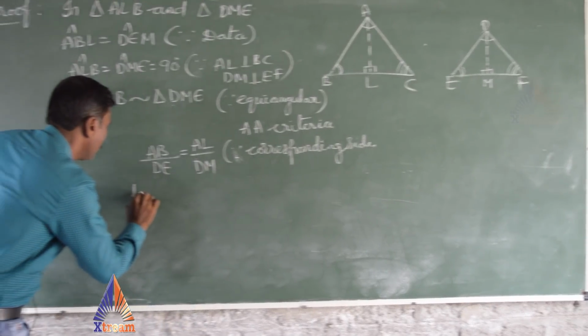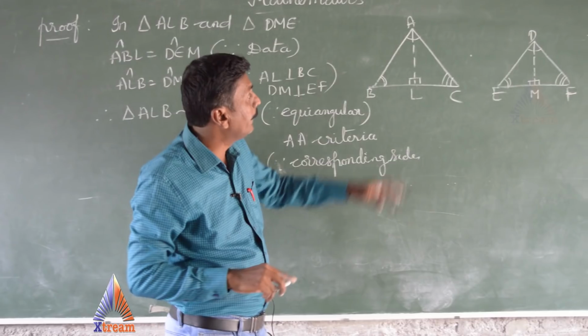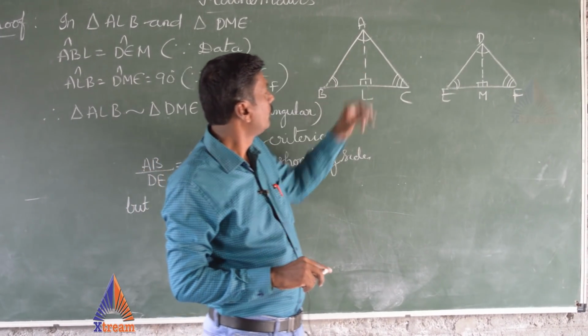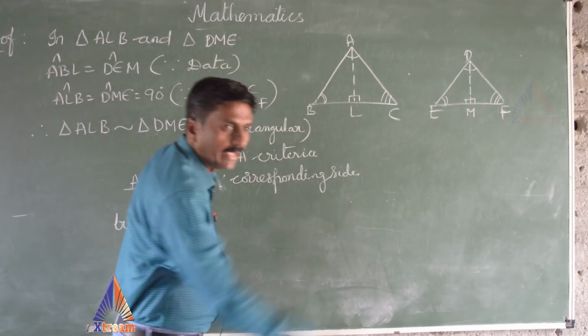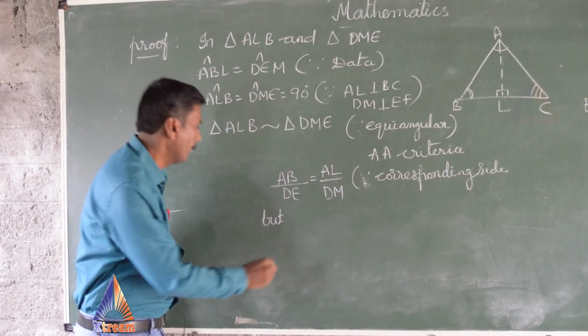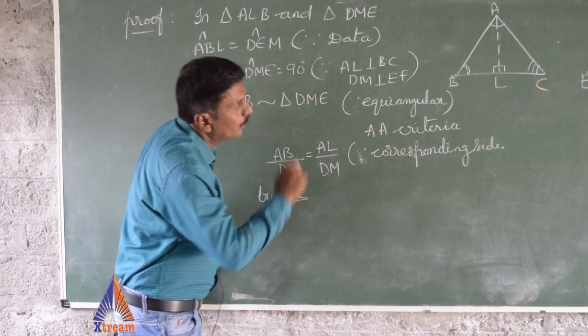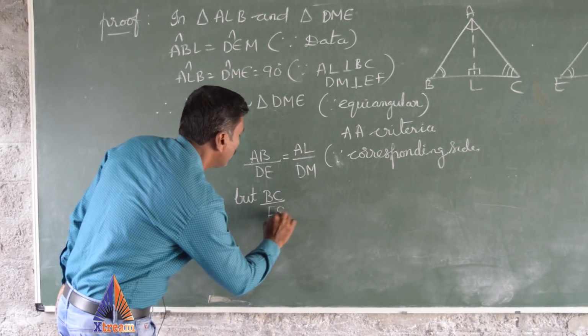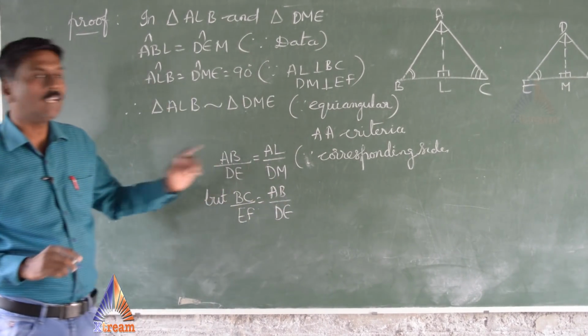But what you learned from data? AB by DE is equal to AC by DF. BC by EF is equal to AB by DE. From data we learned this.